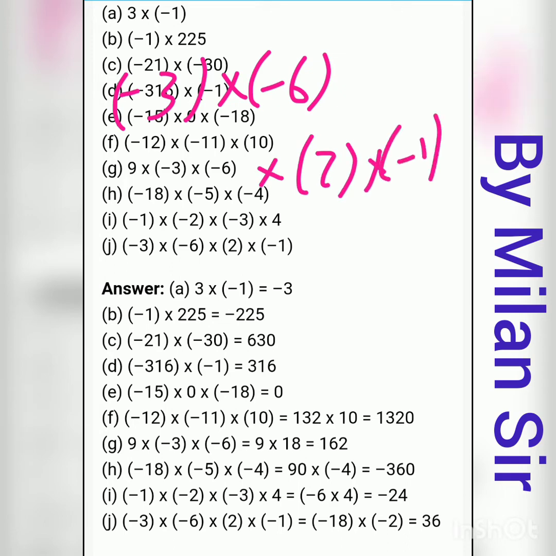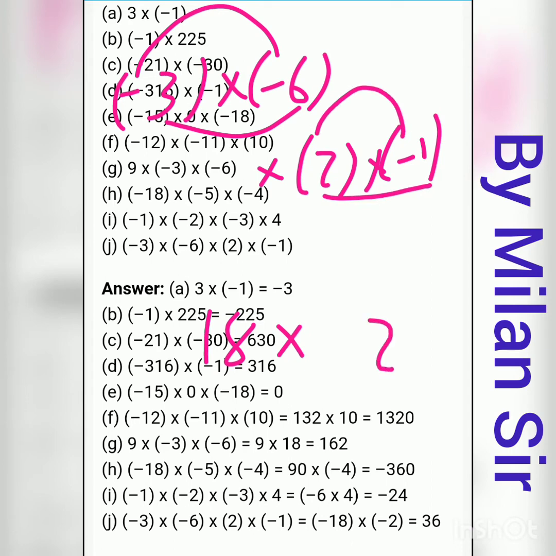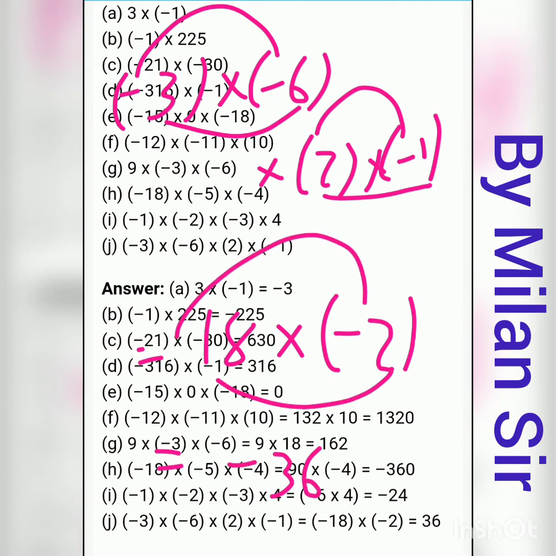First of all, 6 3s are 18, minus minus plus 18, multiply 2 ones are 2, plus minus minus 2. 18 twos are 36, plus minus minus 36. So our final answer is minus 36.